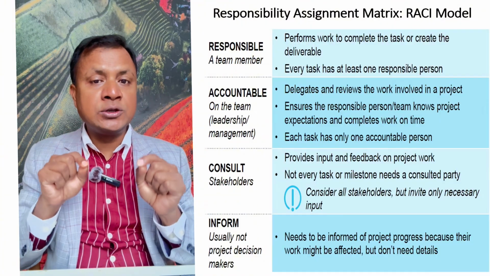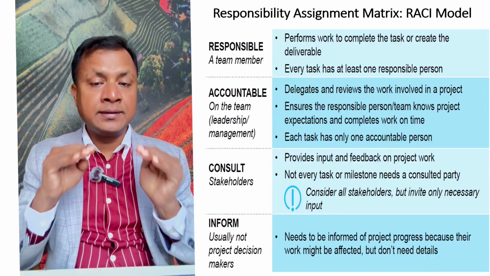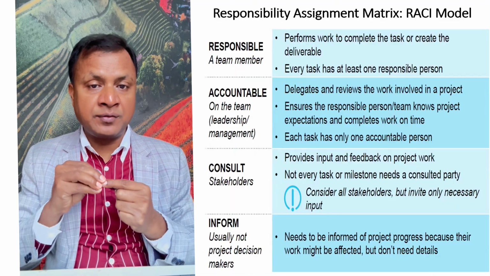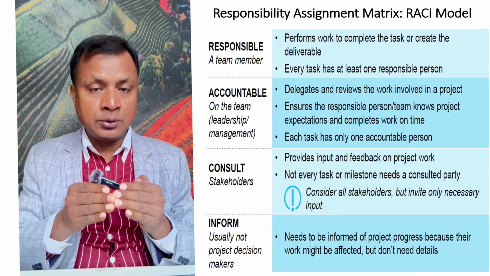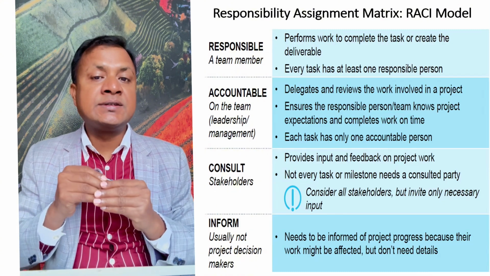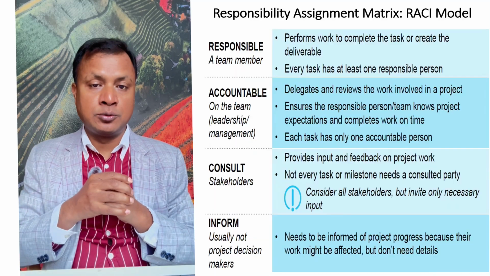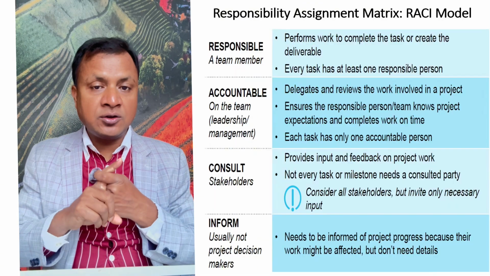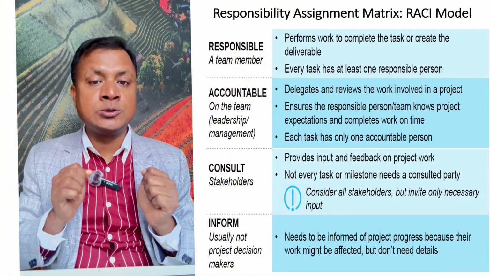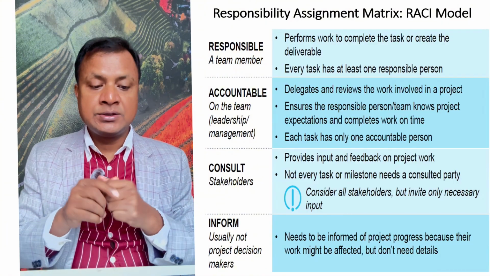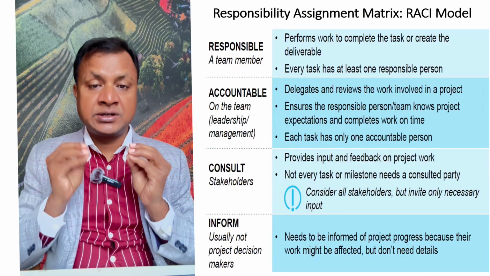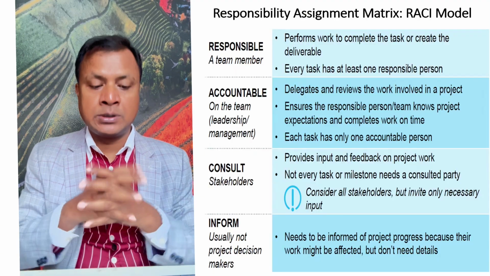So they will supervise, guide, and take care of the responsible people, whether they are working perfectly, whether they are on schedule, within the scope, within the cost. So they will oversee all the work of responsible people. If any kind of failure happens, it will be the responsibility of the accountable team. So the leadership management, the person or the team, they are called accountable.